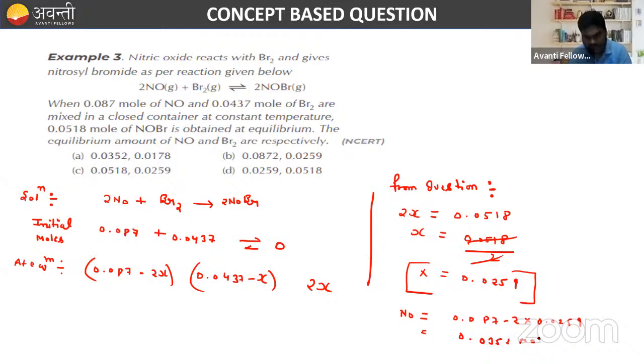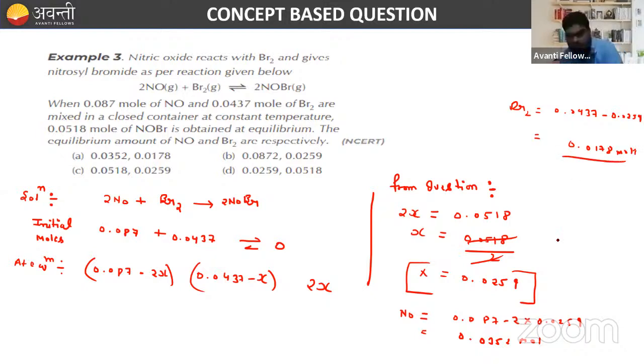Similarly, how will you represent the amount of Br2? It is 0.0437 minus 0.0259. So we get the amount of Br2 as 0.0178 mole. I hope this is clear to you.